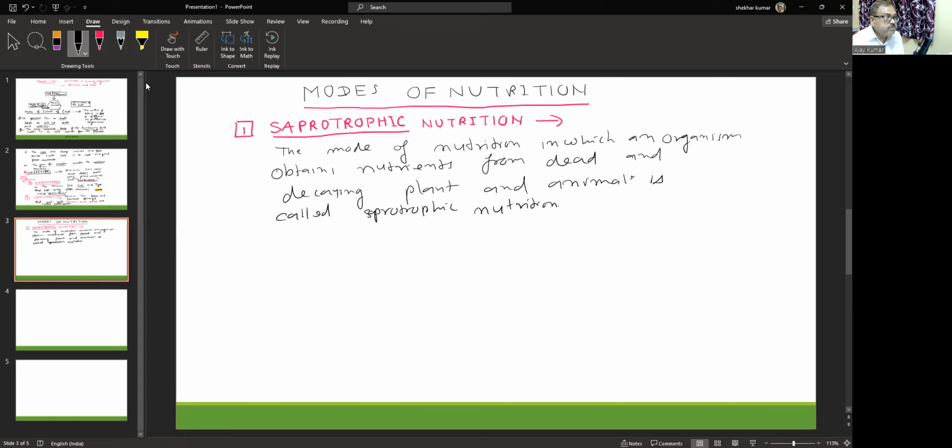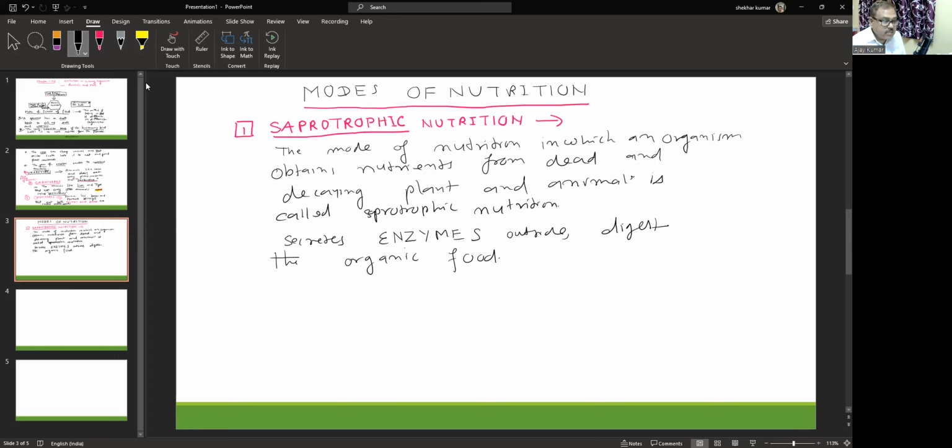Such type of organism secretes enzymes outside and digests the organic food.